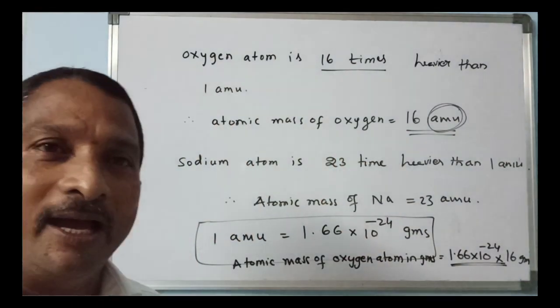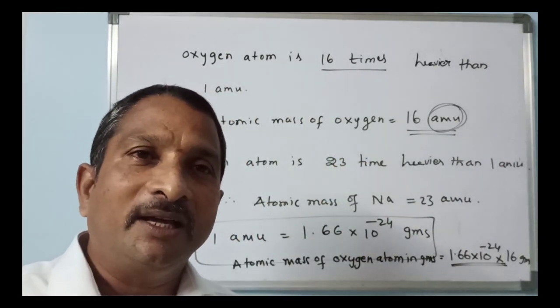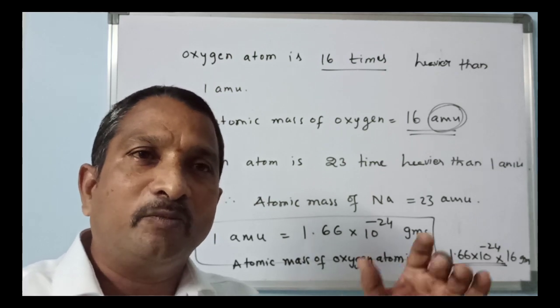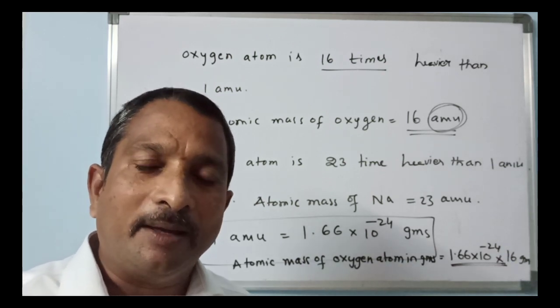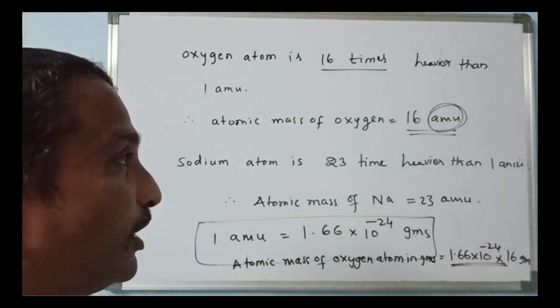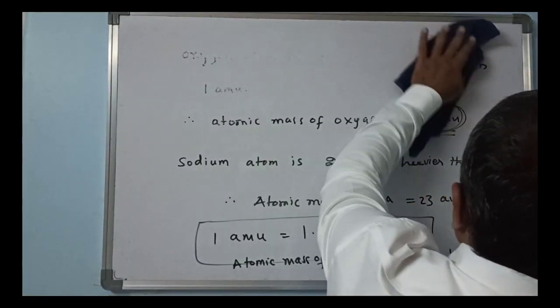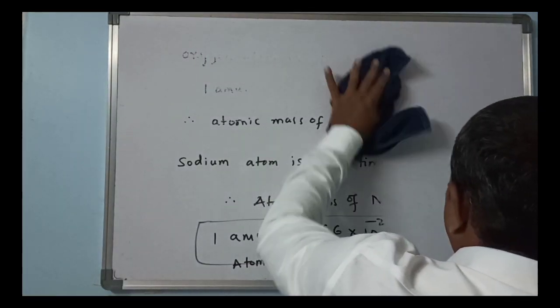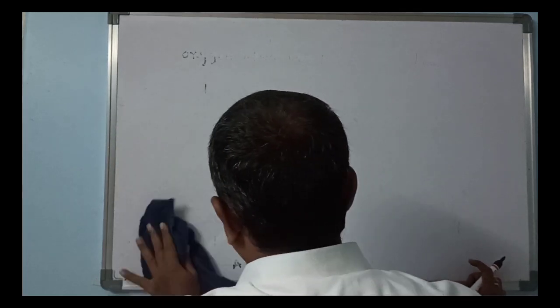Using this, I am going to write one tabular form involving elements from 1 to 30 with atomic numbers, atomic masses. Note down all of you. Very important tabular form.